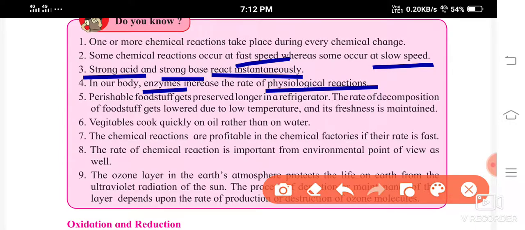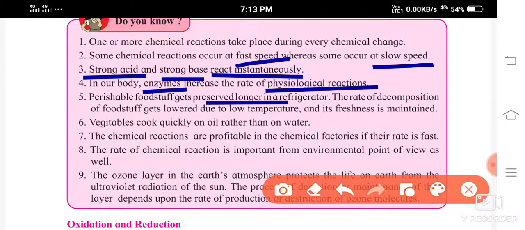So the rate of decomposition of foodstuff gets lower due to low temperature. Now see, these perishable foodstuffs get preserved longer. Here what is going to happen? The temperature is going to affect the rate of reaction, isn't it? The food which is going to perish soon, when you keep it in the refrigerator, the temperature is very low over there.